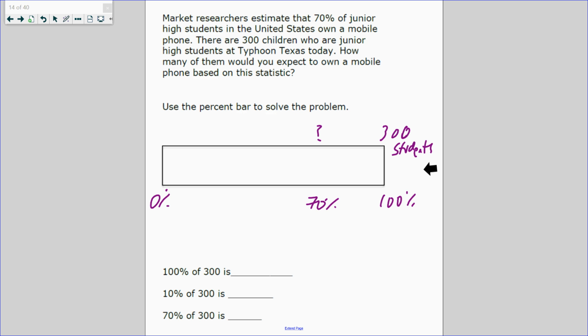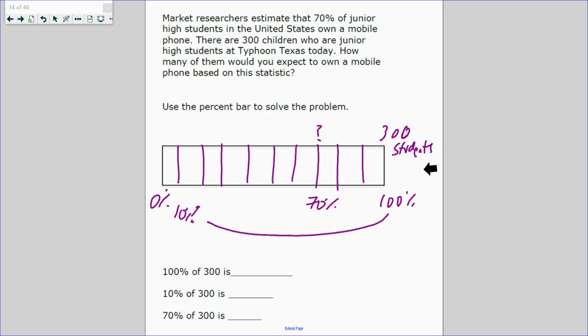So I'm going to break this percent bar into, what do you want to break this into? Hopefully you say 10%. 1, 2, 3, 4, 5, 6, 7, 8, 9, 10. What's the relationship between 100% to 10%? Divide by 10. So what's 300 students divided by 10? 30 students.